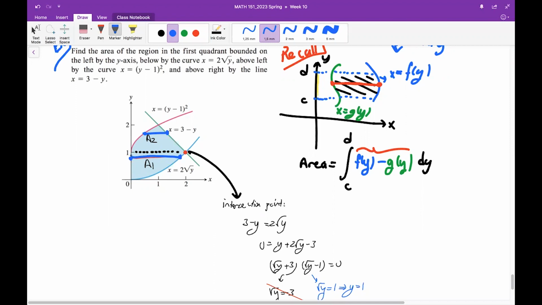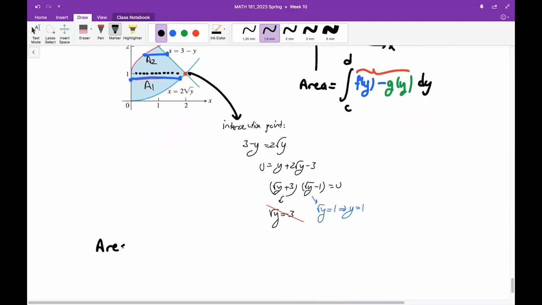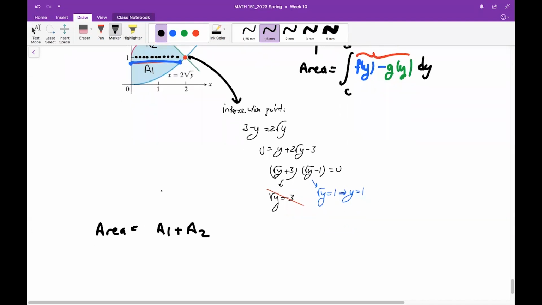Because the bigger and smaller curves are different for A1 and A2. That's why I cannot cover the whole area in just one single integral. I have to construct 2 different integrals for A1 and A2, right? Okay, the shaded area is given by A1 plus A2.